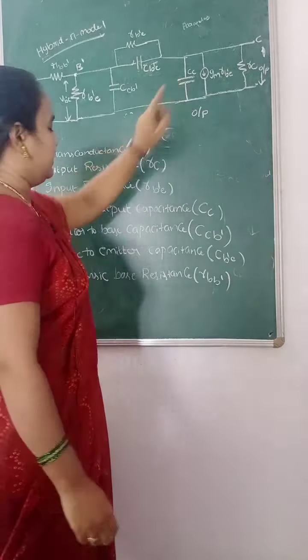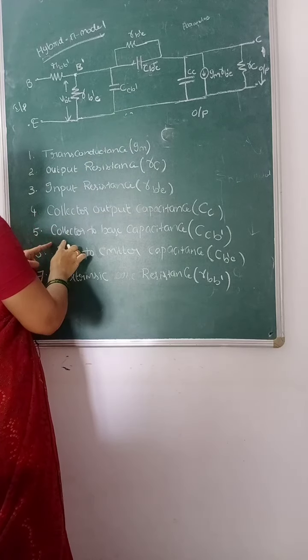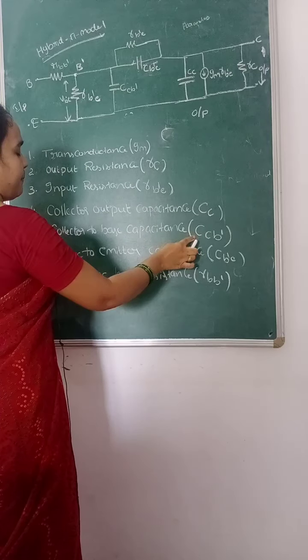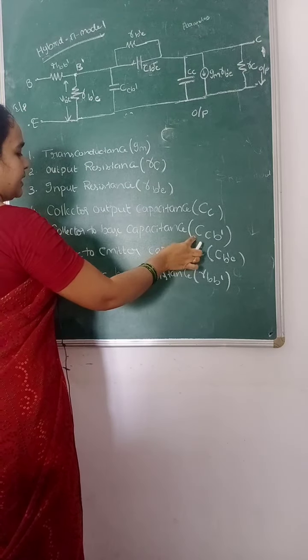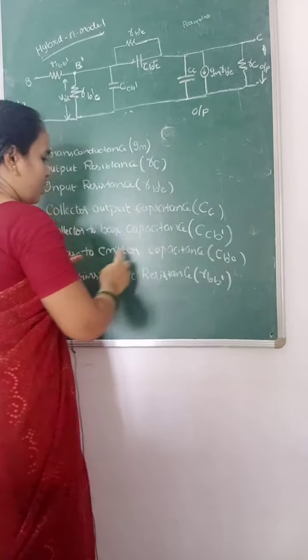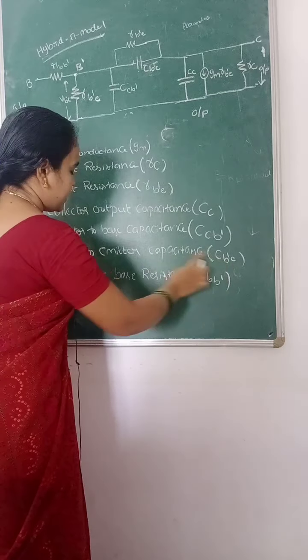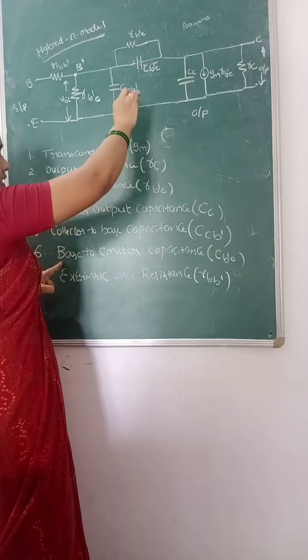CCB dash is the capacitance between the collector to base terminal. And CB dash E is the capacitance offered between base to emitter.